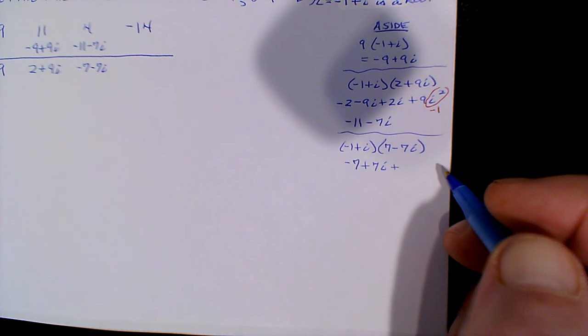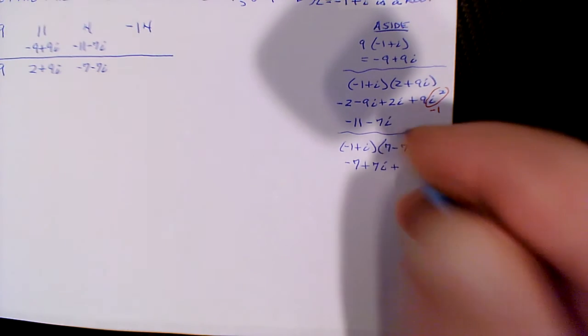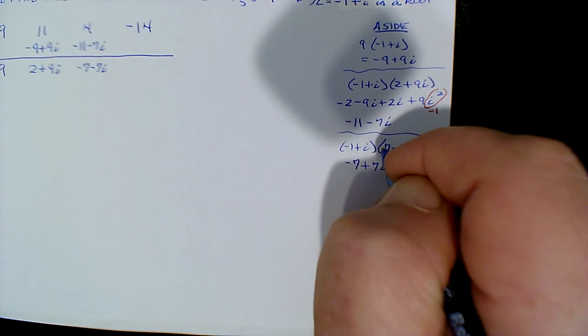I'm sorry, something's going wrong. Oh, that was a negative 7 minus 7i. That's my mistake. I miscopied this.